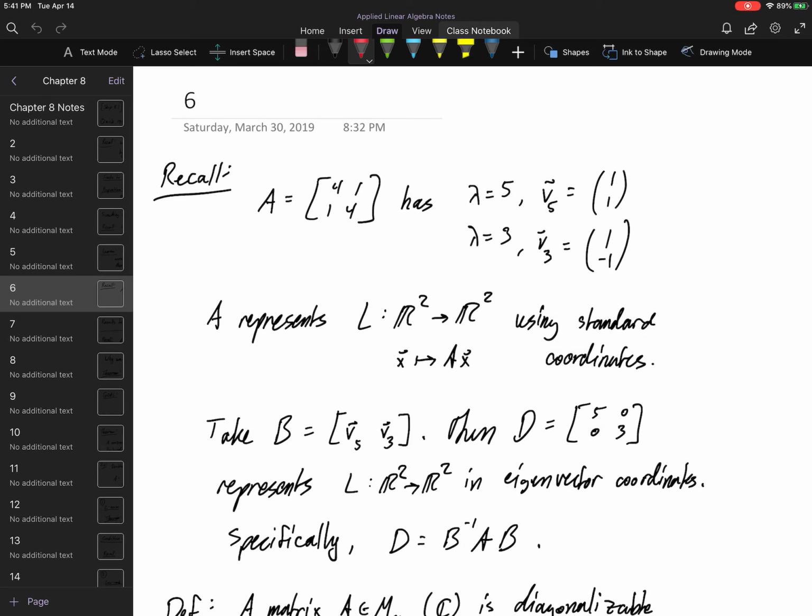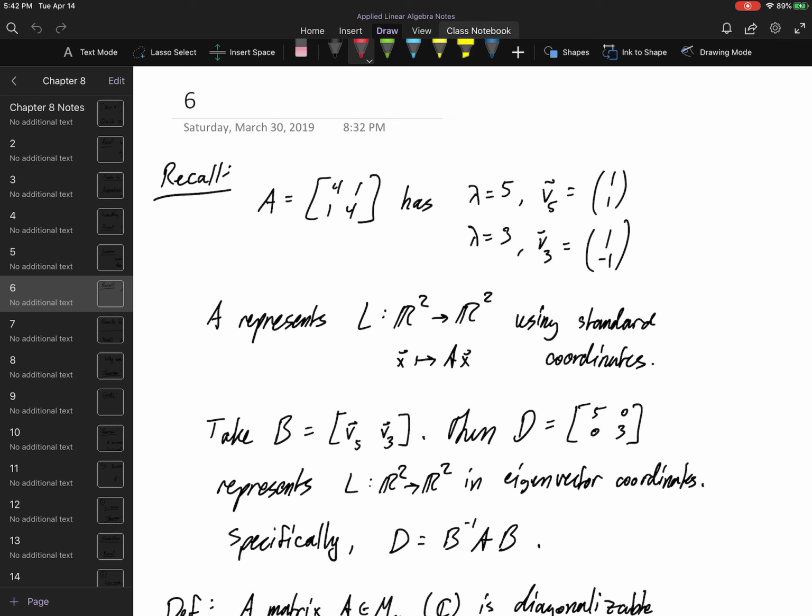So A represents a linear transformation from R^2 to R^2, and it's given in standard coordinates as this matrix A. So we're going to go ahead and take B to be this matrix that puts v5, an eigenvector associated with lambda equals 5, in the first column of B, and an eigenvector associated with 3 in the second column.